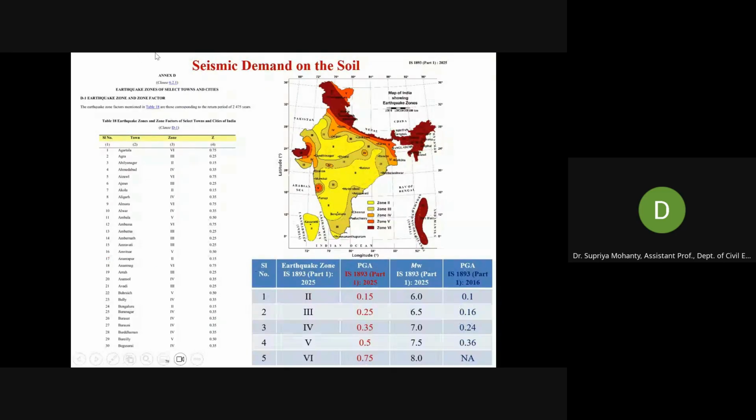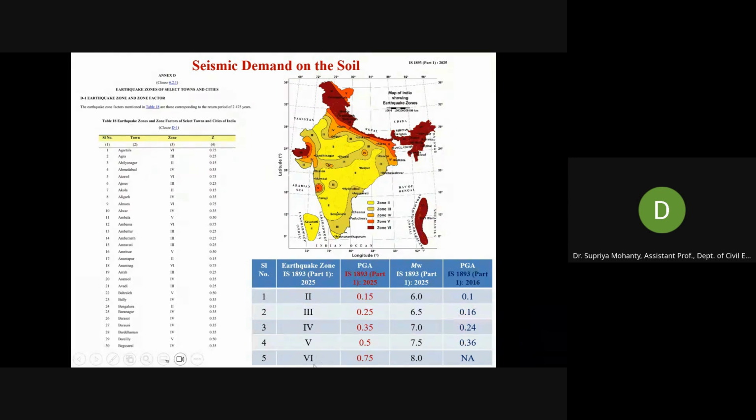Coming to seismic demand on the soil, this shows a screenshot from IS 1893 Part 1 2025. If you see, every city has a zone factor, and this zone factor is nothing but your PGA value. So different cities have a particular seismic zone and zone factor.